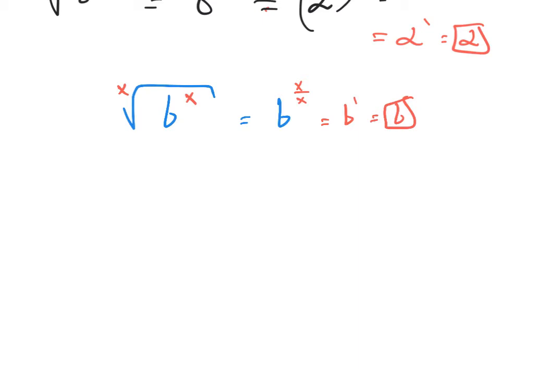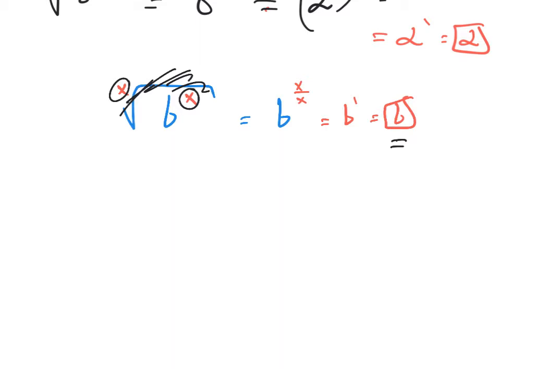Do you remember what we said in previous videos? If I want to remove the radical, make sure you have the same exponent as the root, the same value here, so you can remove the radical. And that's why we got b here.